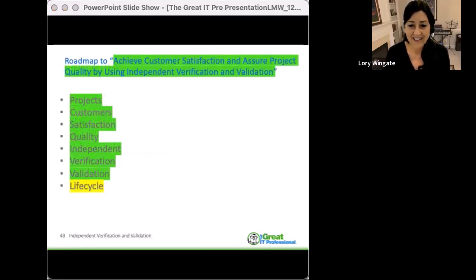Okay, so now it's time to wind it all together and describe where all of these processes lie within the project lifecycle.